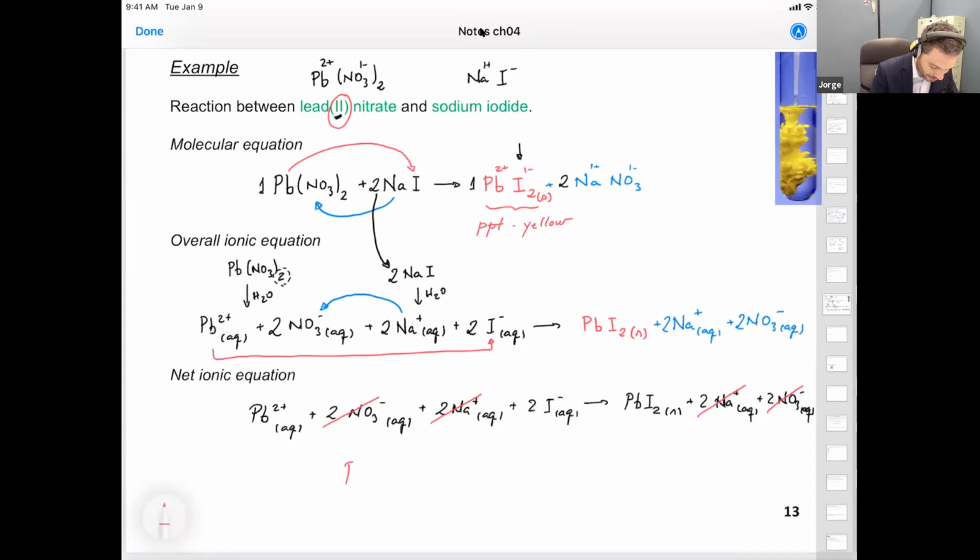What is left here is lead 2+ (aq) reacting with two iodides (aq) as well, to form PbI2, and that is a solid. Okay, so that's the net ionic equation. And that's how you are going to write the reaction between two solids.